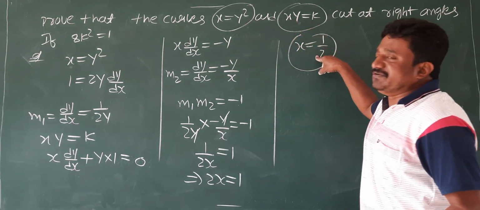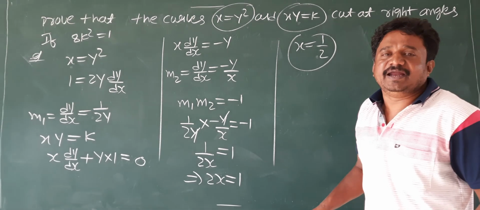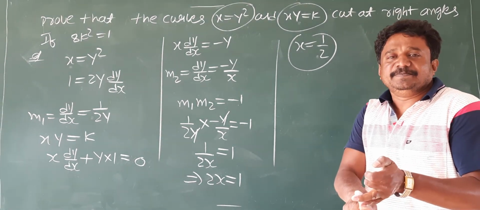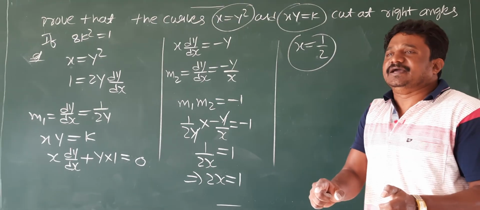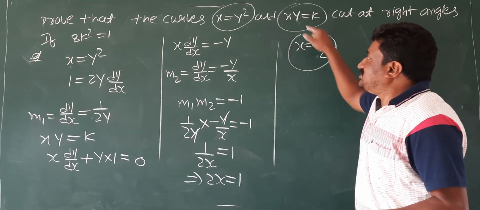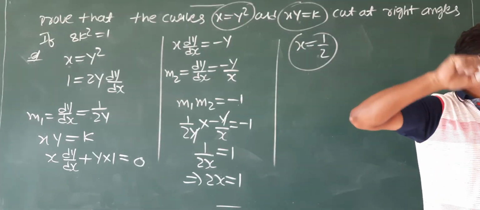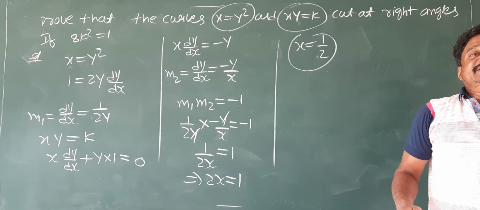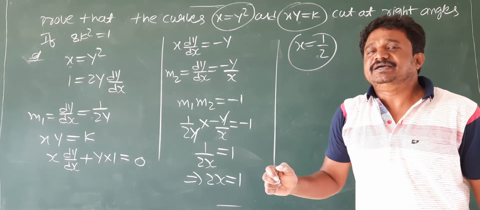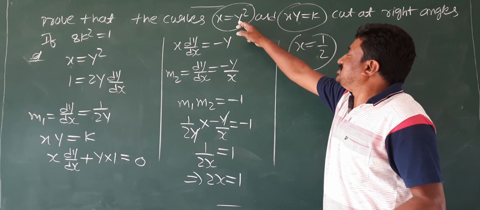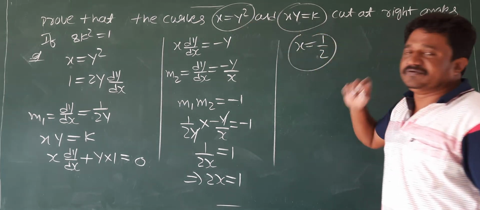Using these three equations, you eliminate both x and y. After eliminating x and y from these three equations, I must get 8k square is equal to 1. The idea behind that is eliminating x and y from these three equations.